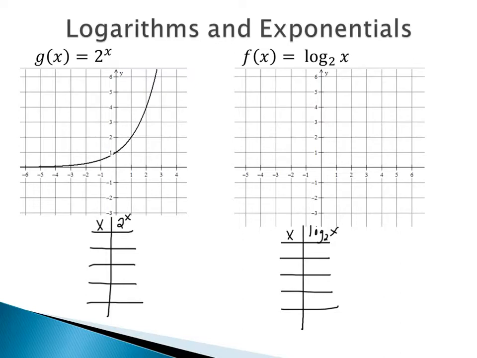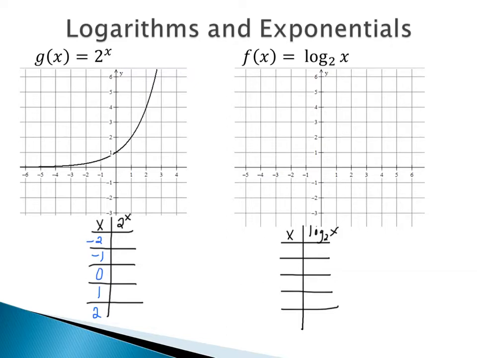If I was doing this by hand, I'd probably pick some values and make a table of values. You can even use your calculator, which is fine. So let's just pick some basic values for x, maybe -2, -1, 0, 1, and 2. And if I were to evaluate them, again, you can use your calculator or work through it by hand. We would plug in -2 for x, so we would have 2 to the -2.